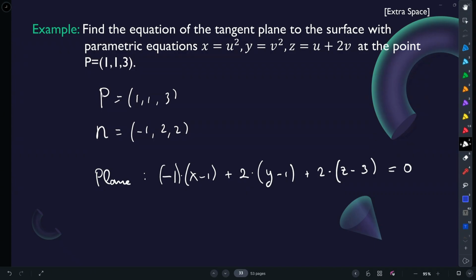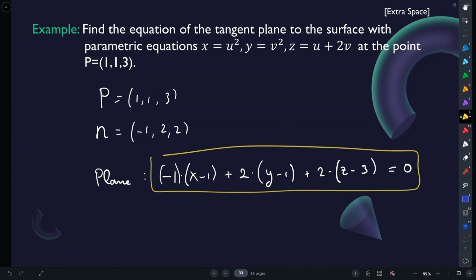That's the equation of a plane that passes through a point with perpendicular vector n. So this is the equation of the tangent plane we were looking for. This simplifies a lot. This is the plane x plus 2y minus 2z equals minus 3.